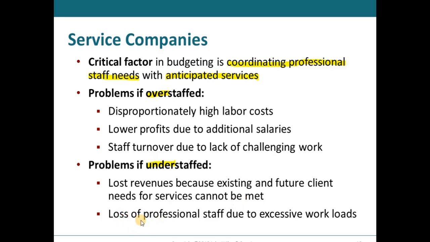Another problem is loss of professional staff due to excessive workloads. When we are understaffed, the current staff may leave the work because of excessive workloads.